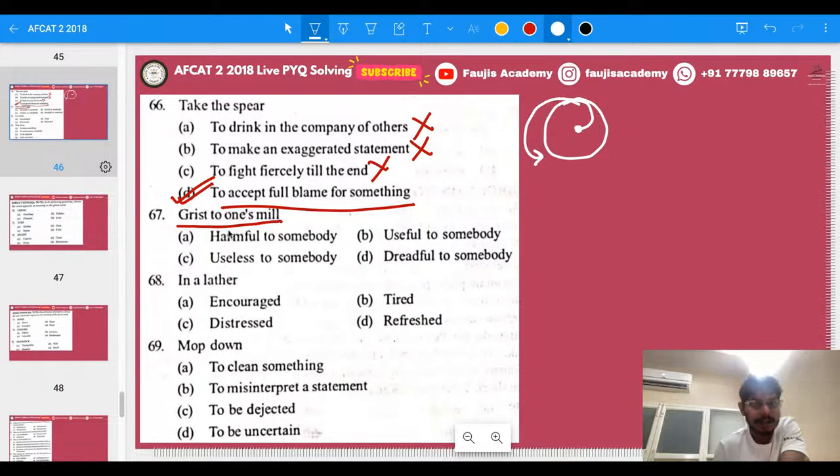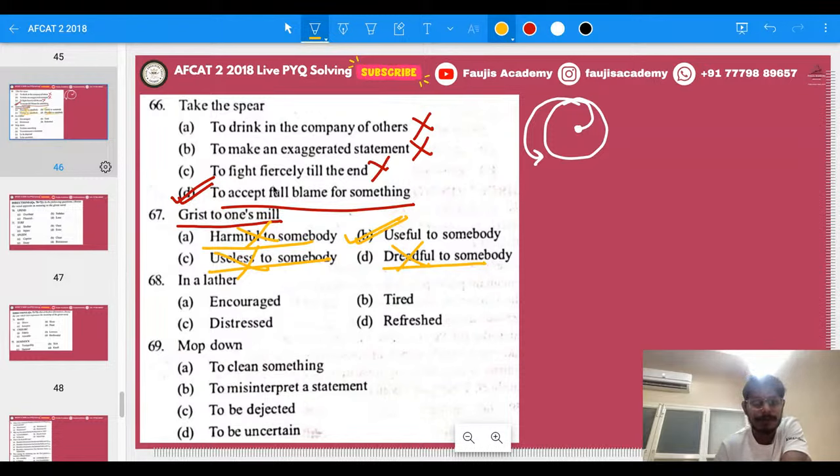The food that used to come out of that grinder was very healthy. If it is healthy, then it cannot be dreadful, it cannot be harmful, and it cannot be useless as well. It will be useful to somebody.